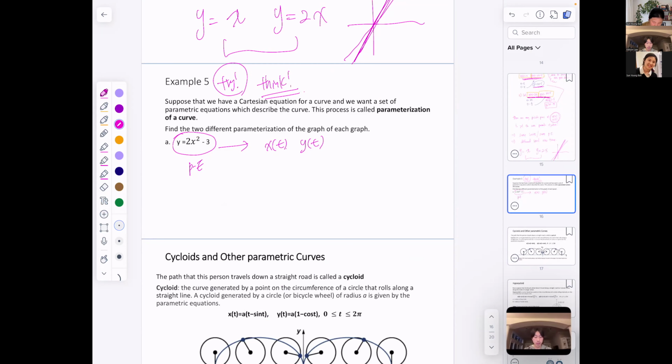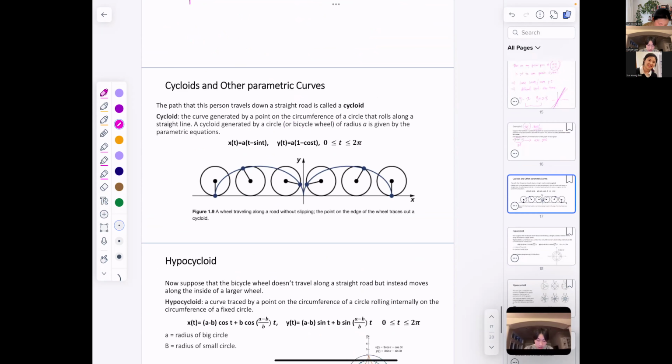Okay, the last concept here, this is not going to be on the exam because this is just a small concept in calculus. But this is very interesting. Cycloid, okay? So if you have these two types of function, like we have x and y, it looks very ugly.